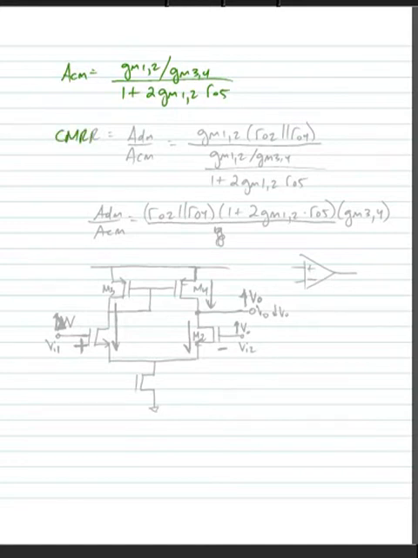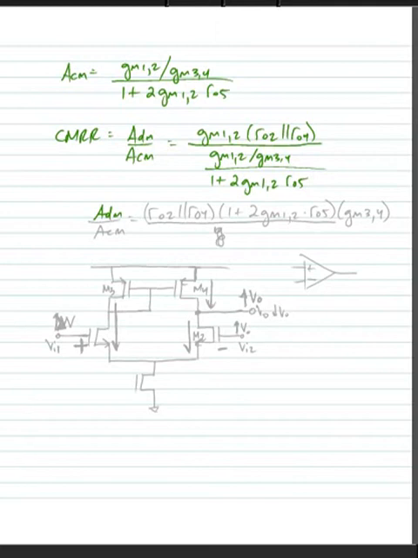So, to find our common mode rejection ratio, we have ADM divided by ACM, and we can write that it's equal to gm1,2 times ro2 in parallel with ro4 divided by gm1,2 divided by gm3,4 over 1 plus 2 gm1,2 times ro5.